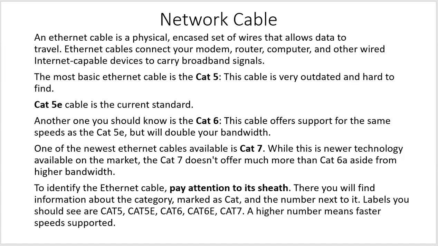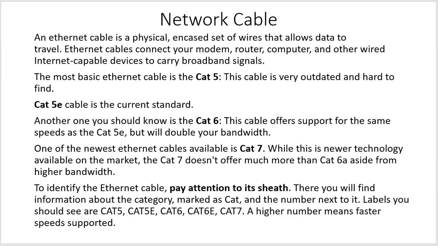Another one you should know is Cat6. This cable offers support for the same speeds as Cat5e, but will double your bandwidth. One of the newest internet cables is Cat7. While this is newer technology available on the market, the Cat7 doesn't offer much more than Cat6a, just bigger bandwidth.